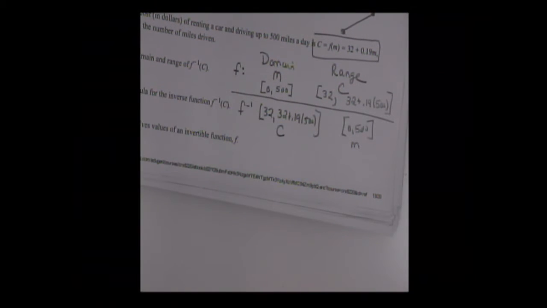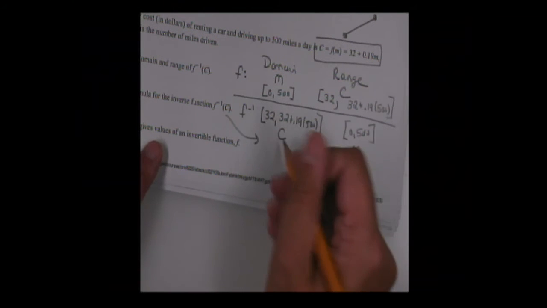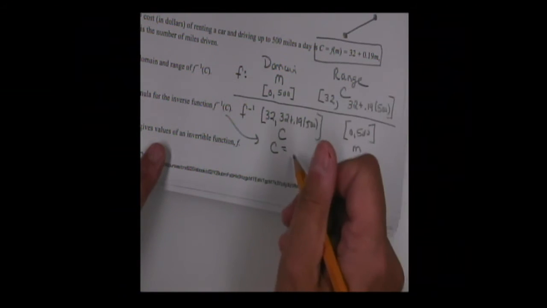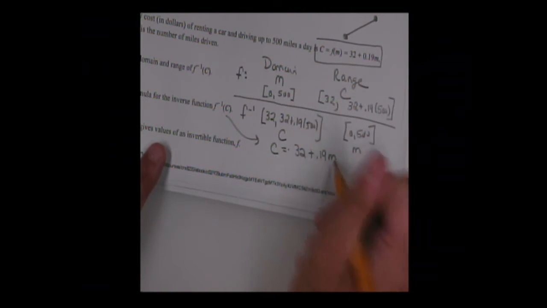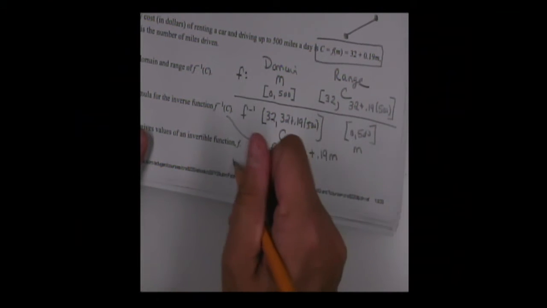Then they ask us on part B to find a formula for the inverse function. So I'm going to take out the function notation. And we said last class, hopefully you remember from last class, that in order to find the inverse when we have meaning, and that's what this is, this has meaning.